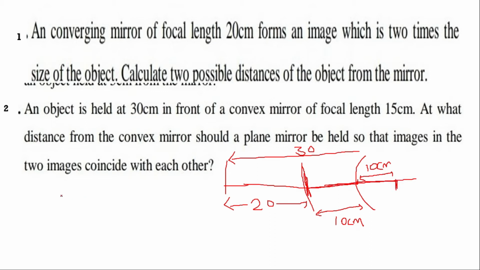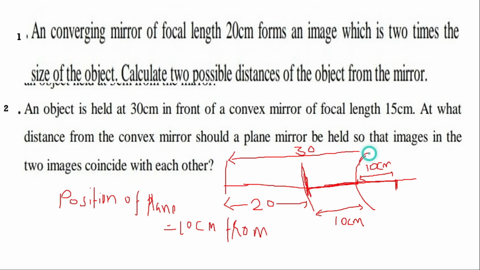I hope you are understanding the position of the plane mirror. What is the position of the plane mirror? The plane mirror will be at 10 centimeter from the convex mirror.